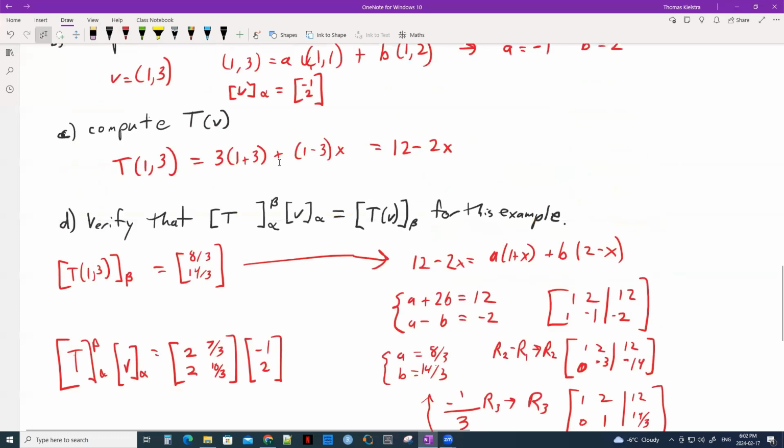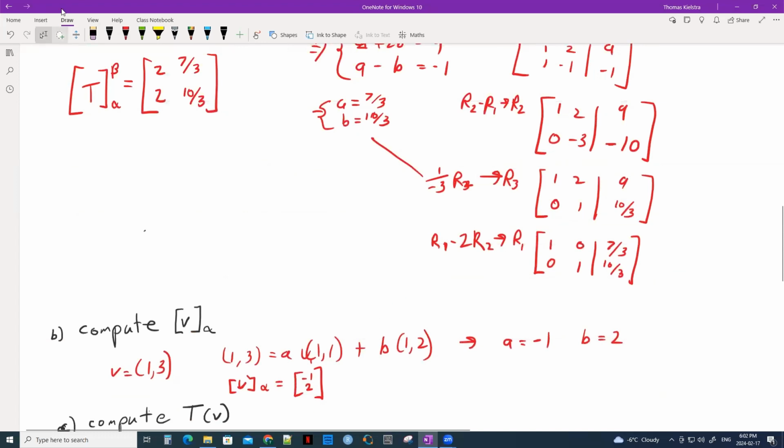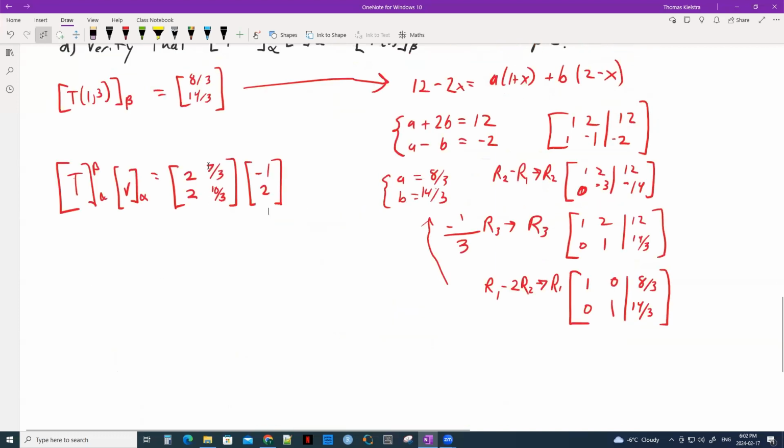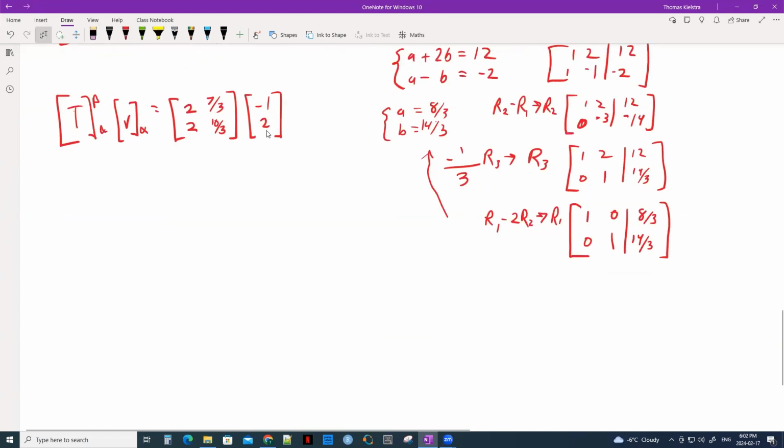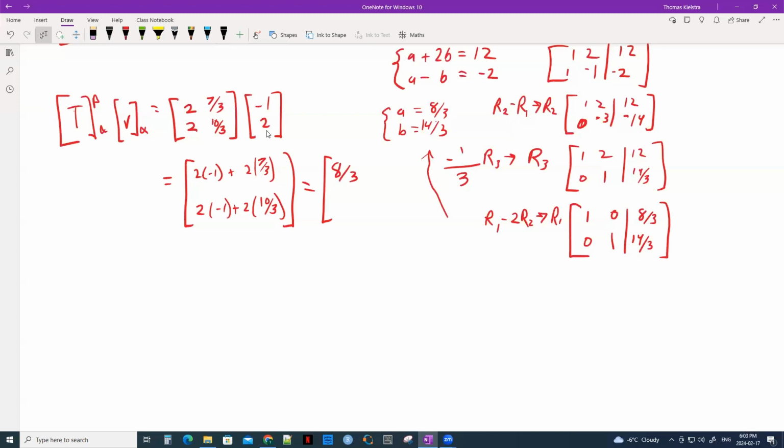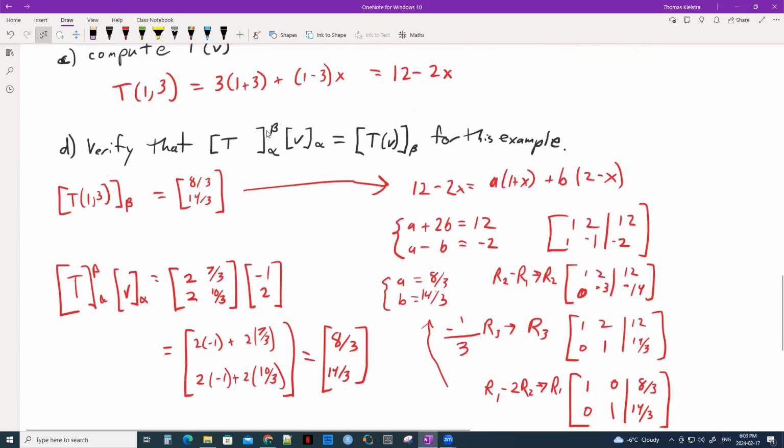This is going to give us 2 times minus 1 plus 2 times 7 over 3, and 2 times minus 1 plus 2 times 10 over 3, which equals 14 over 3 minus 6 over 3, giving us 8 over 3, and 20 over 3 minus 6 over 3, which is 14 over 3. And lo and behold, they are equal.